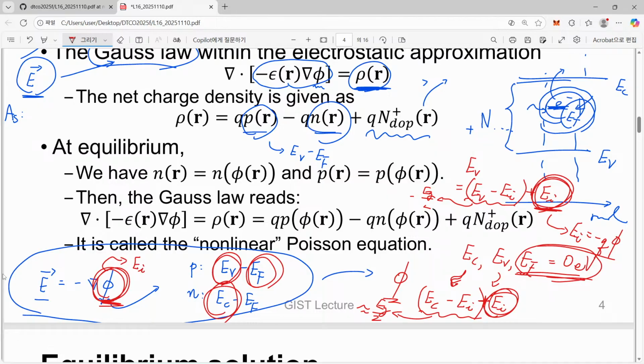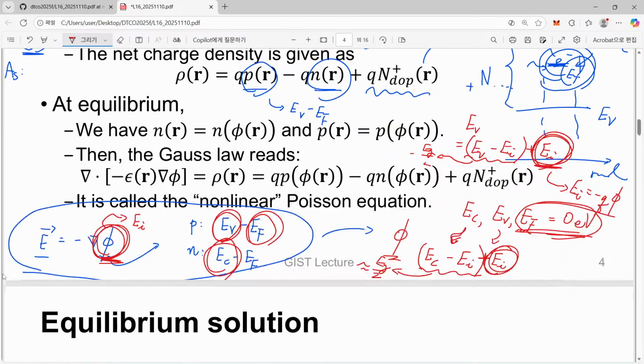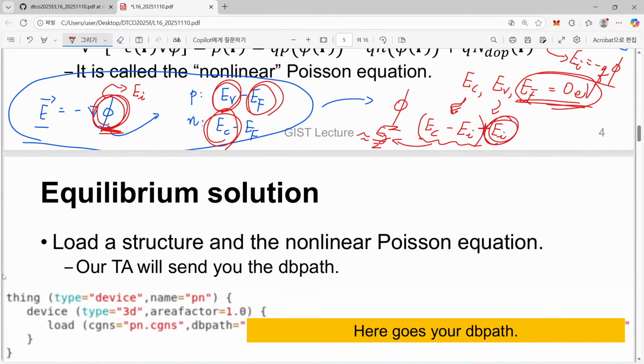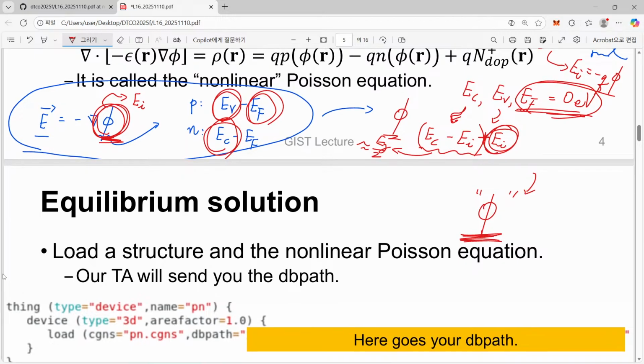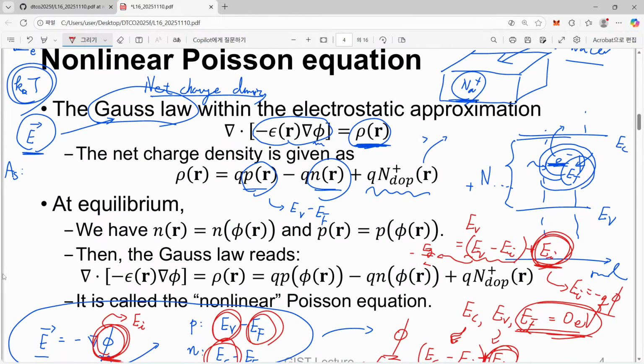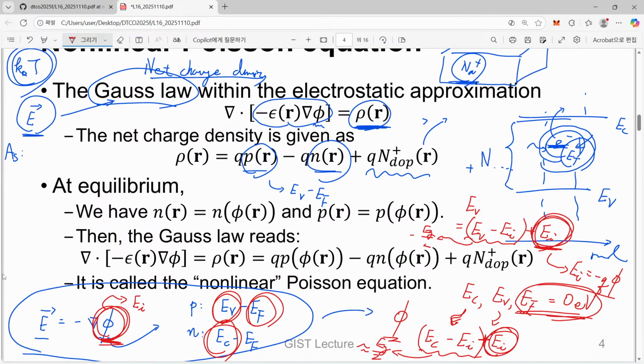That is the key way to unify all these different quantities. If we adopt this, the only remaining unknown variable becomes the electrostatic potential, because EC can be expressed in terms of phi, and EV can also be expressed in terms of phi. So all unknown variables in our Gauss law shown here can be expressed.